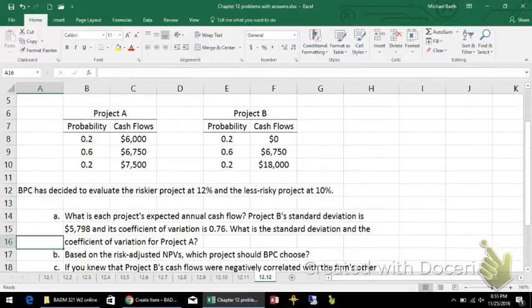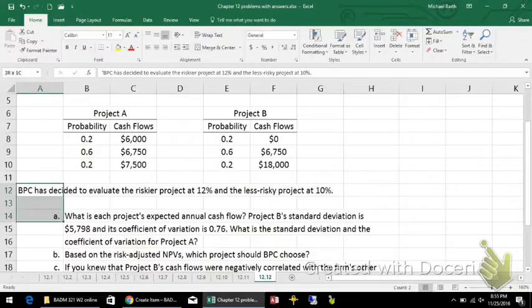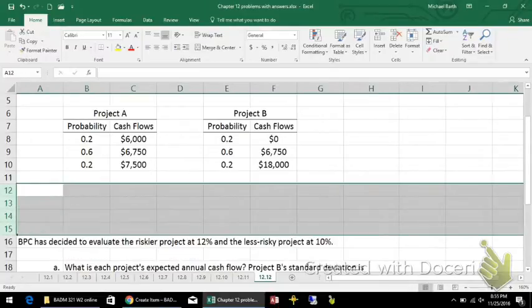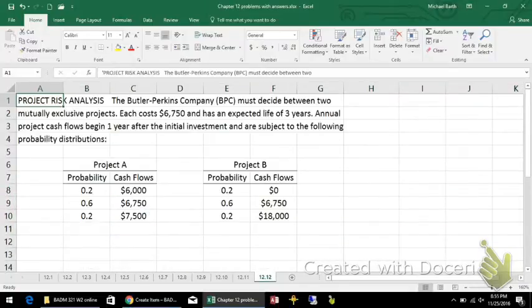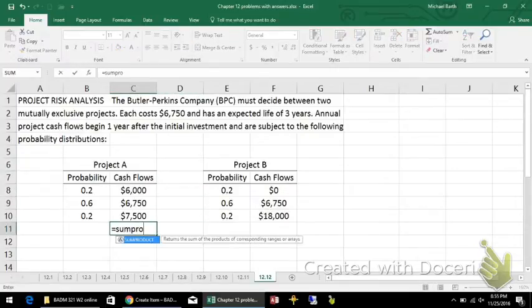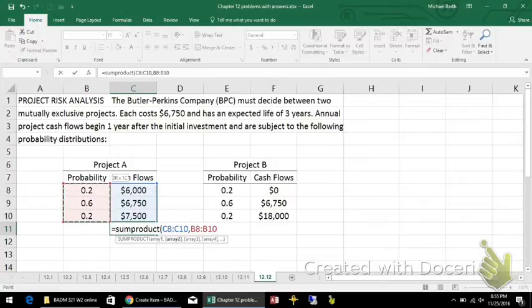So what is each project's expected annual cash flow? Let me add some room in here. I'm going to use the SUMPRODUCT function: equals SUMPRODUCT, and then multiply these numbers times these numbers, and that'll give me the weighted average.